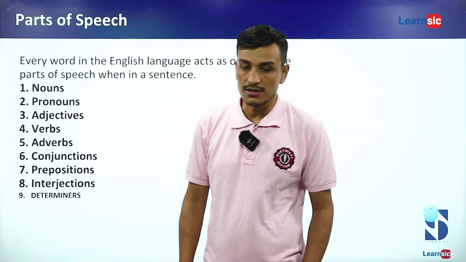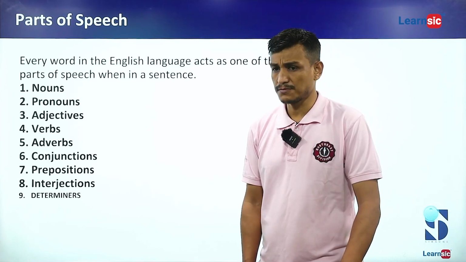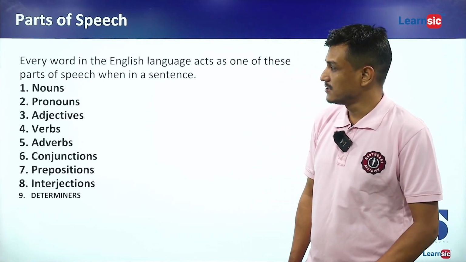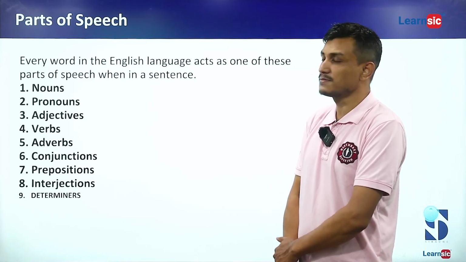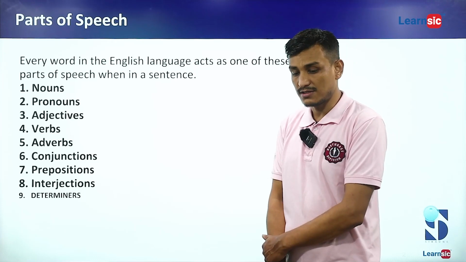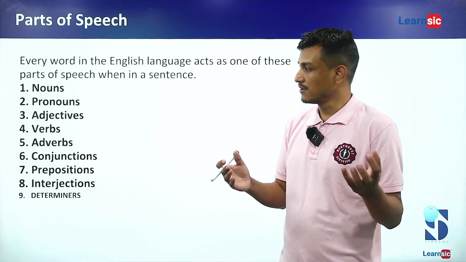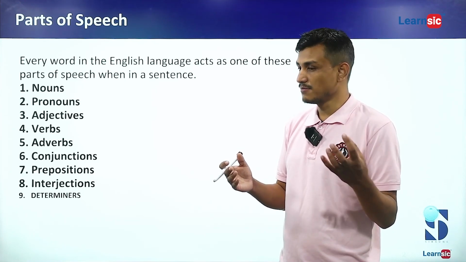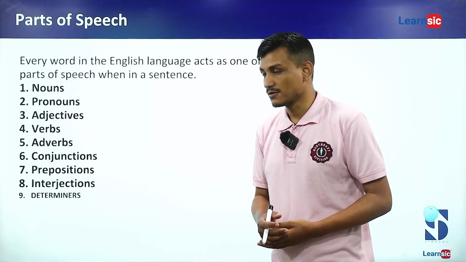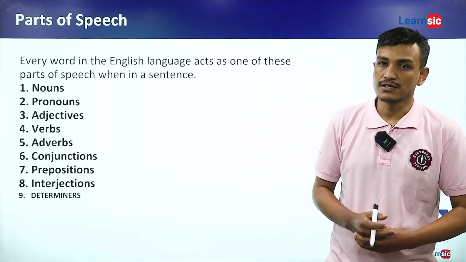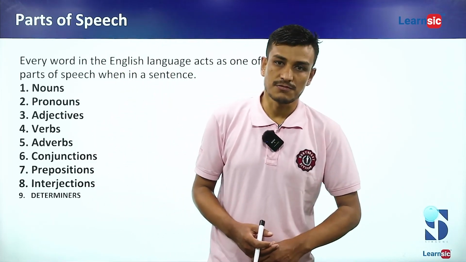First of all, let's begin with nouns. But before I start dealing with each of them separately, let's deal with their classes. What I mean is I have made a short anecdote. Let's go through that anecdote, and that will help you understand the parts of speech.